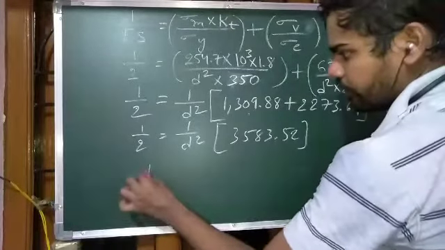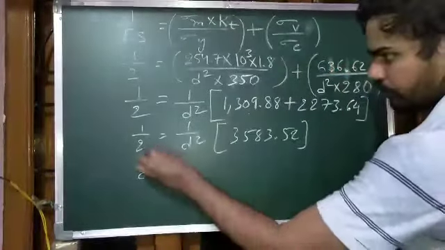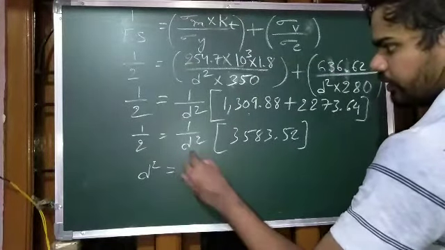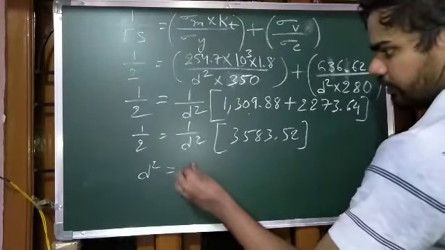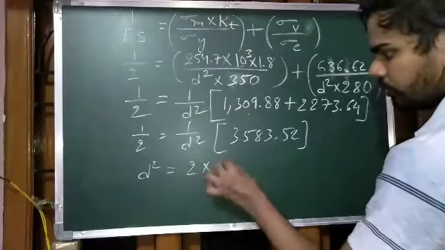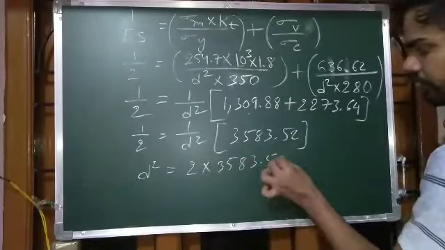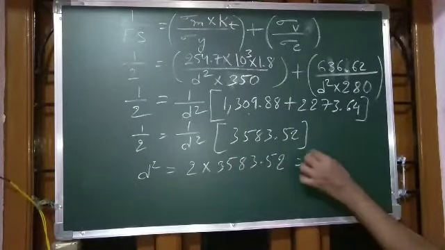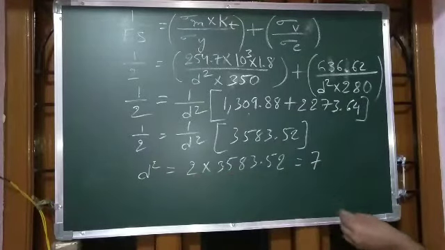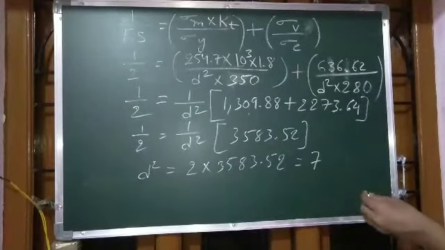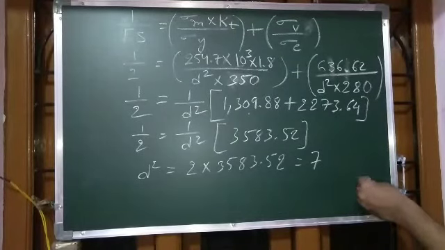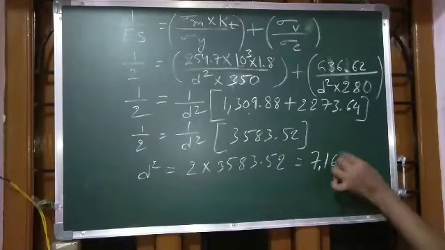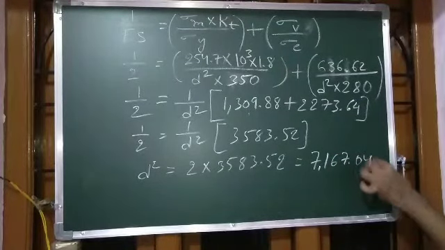Now it can be rewritten as d square is equal to, let us take this 1 by 2 to the right hand side and d square to the left hand side. Then d square is equal to 2 into 3583.52, which is 7167.04.